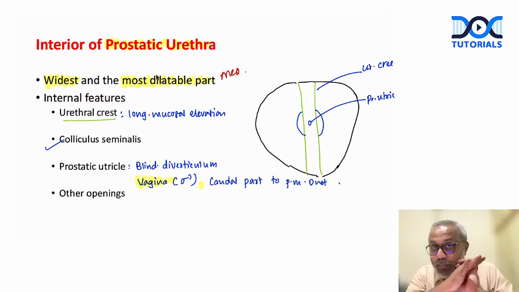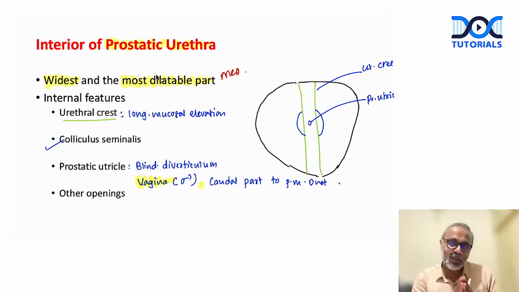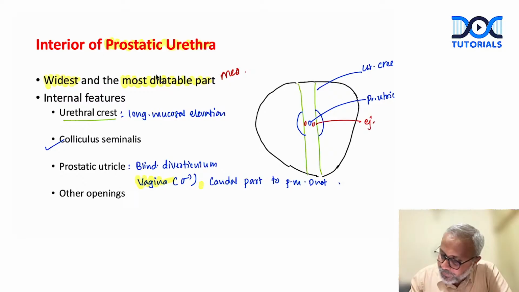Paramesonephric ducts, as we know, mainly give rise to the female genital tract, the caudal portion of which gives rise to development of vagina, right? In case of males, it forms the prostatic utricle and hence it is referred to as the male counterpart of vagina. Are we clear? On either side of this, we have the opening of the ejaculatory ducts, right?